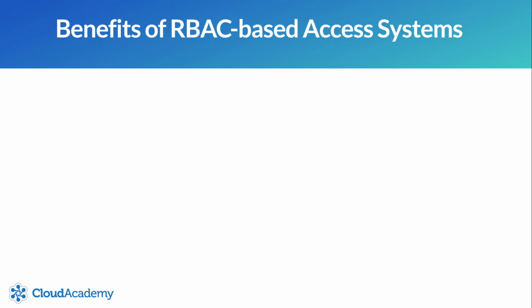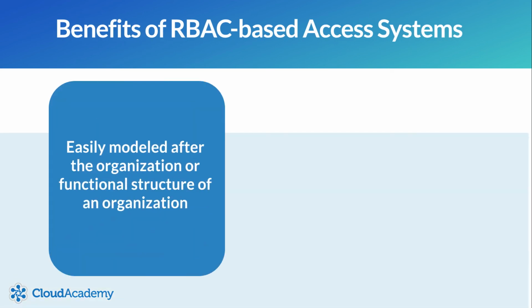Now, the benefits of a role-based access control system means that it is easily modeled after the organizational or functional structure of an organization. Now, be sure to make the distinction between functional structure as opposed to job titles. Job titles do not necessarily reflect the functions that a person working inside a system will necessarily need to execute to be successful in the role.